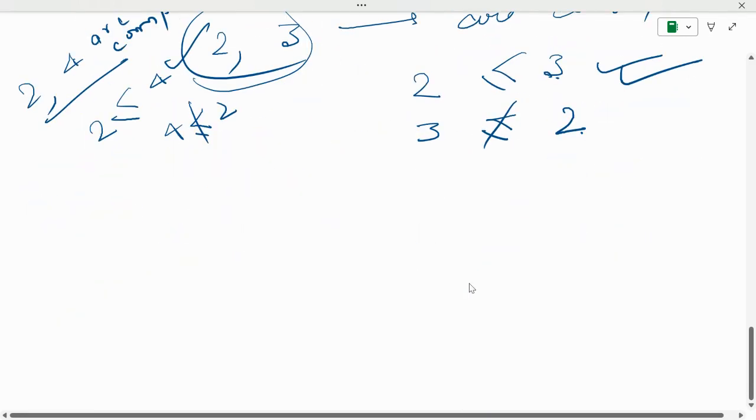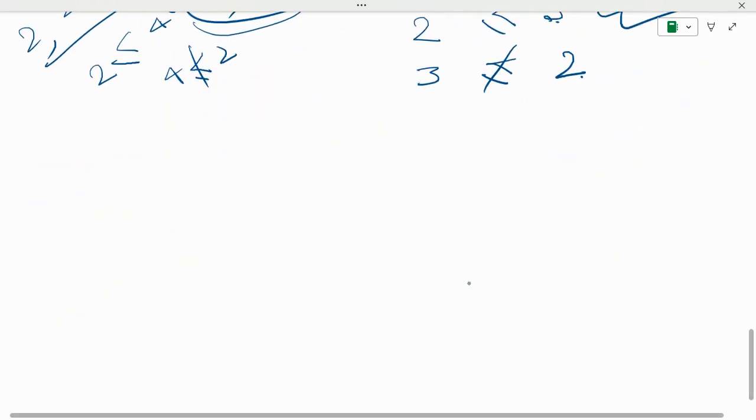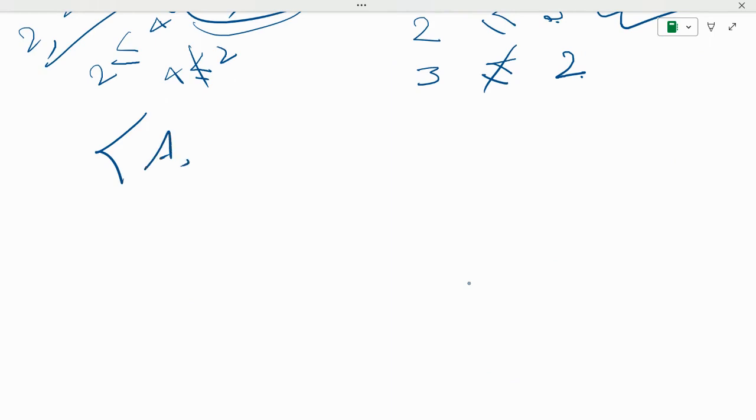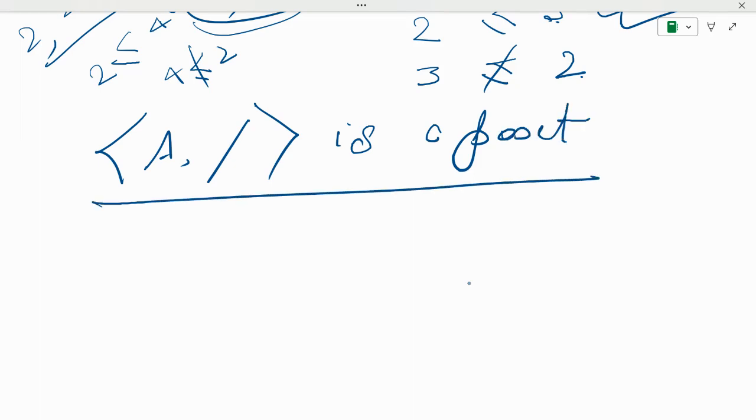Again we have the same set A, and let's say we define a division operator, and it is a poset. We know that the division relation on a set of positive integers is a poset. So if we take 1 and 2, 1 divides 2, right? That is true, hence 1 and 2 are comparable.